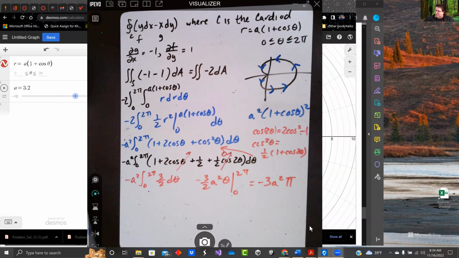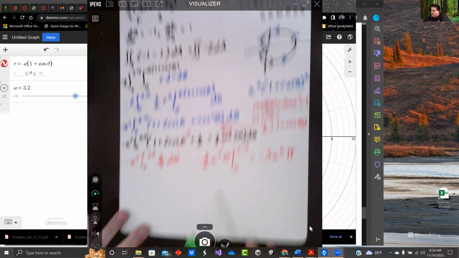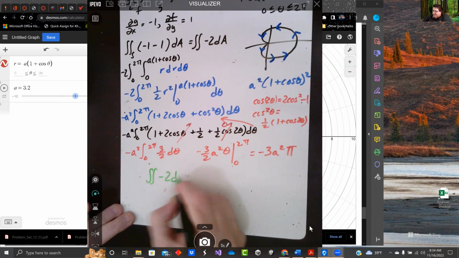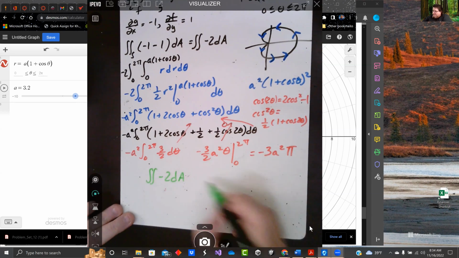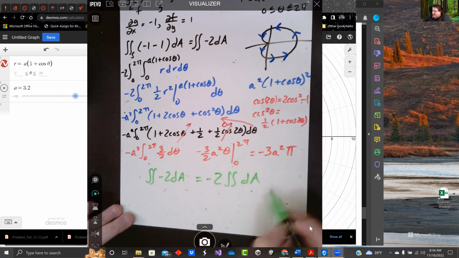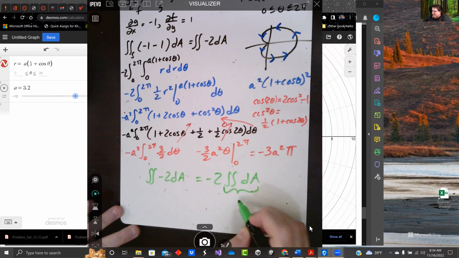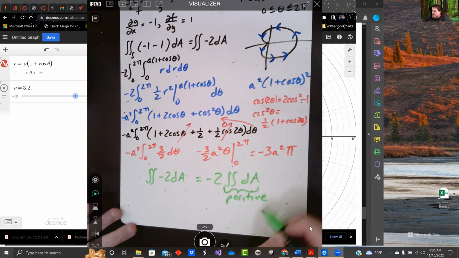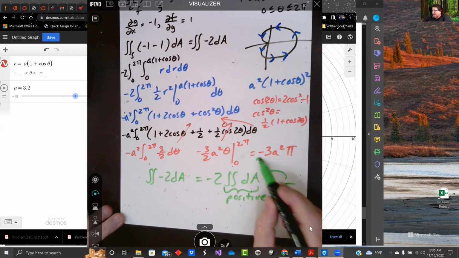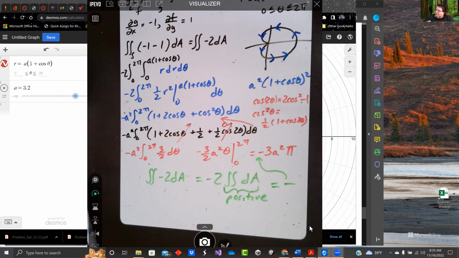It doesn't check the math, but what I was arguing is that -2 times a positive value is going to give me a negative value. That bothered me at first, but when I look at the integral, it makes sense.